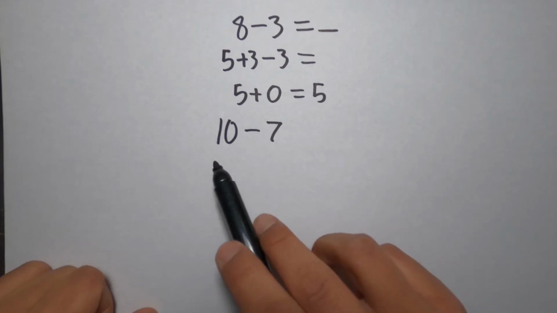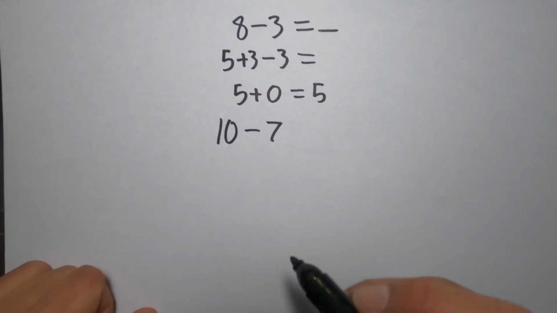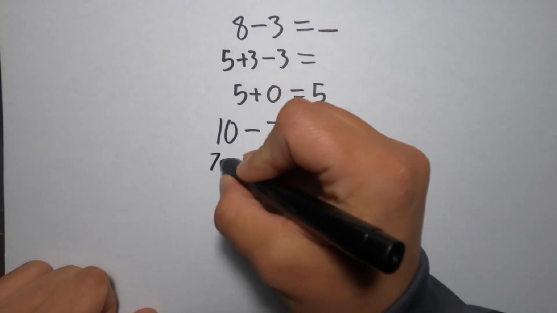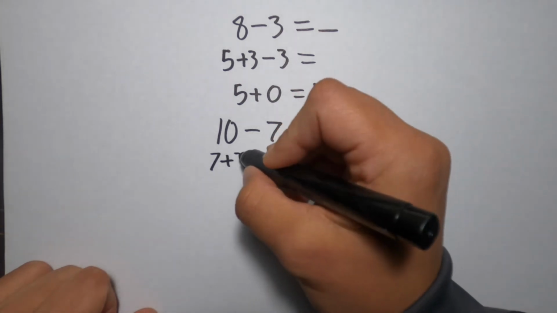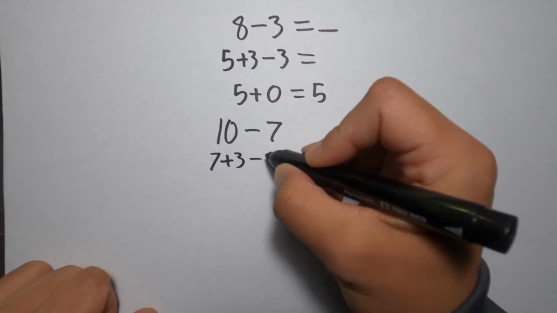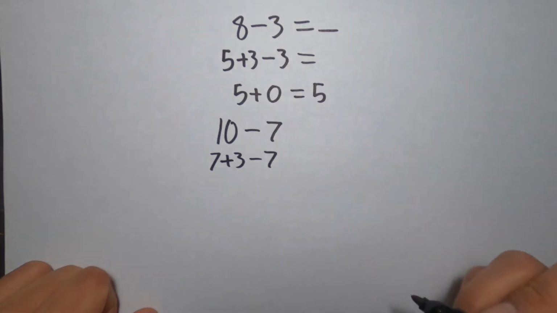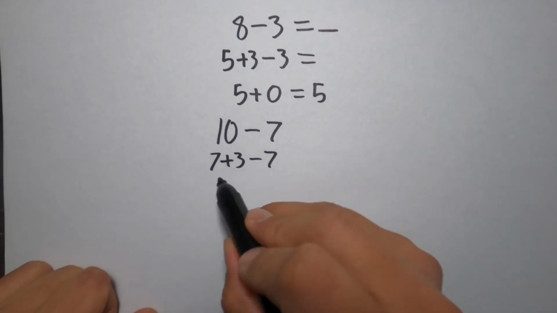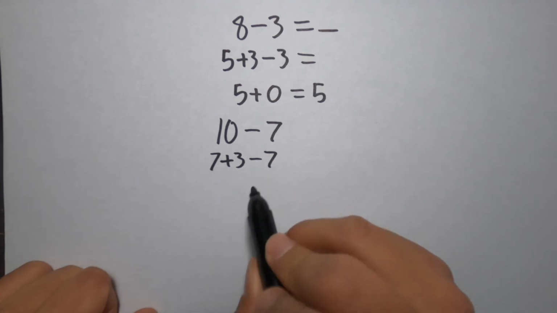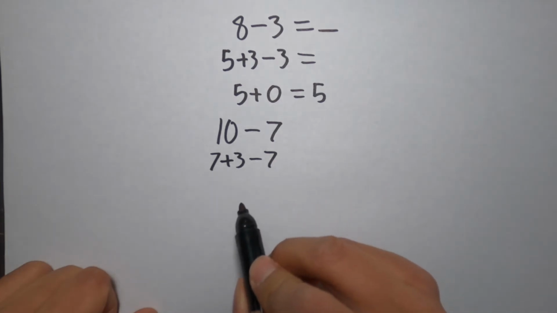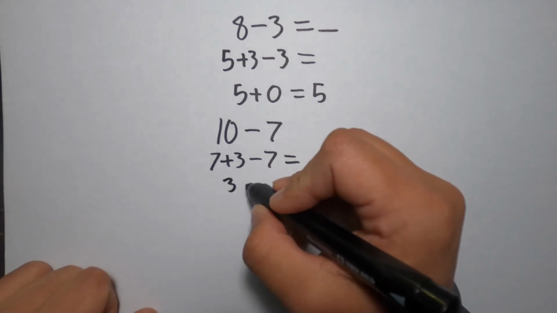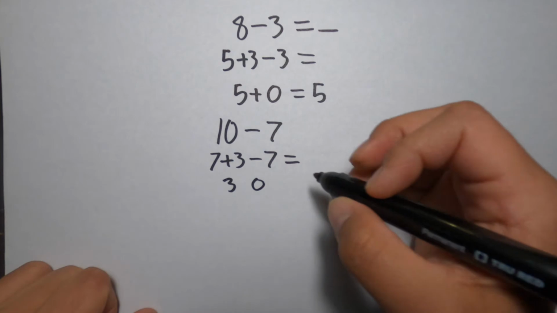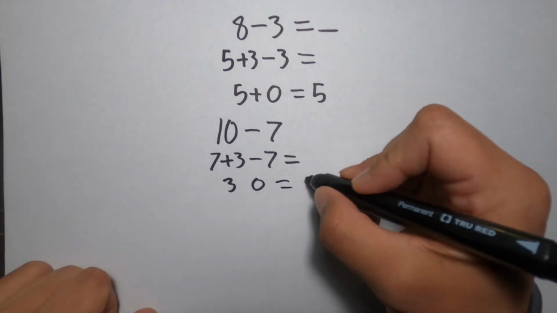So what number plus 7 will equal 10? 7 plus 3, minus 7. And you can see here, 7 and 7 will cancel each other out. That leaves us with 3 and 0, and your answer is 3.